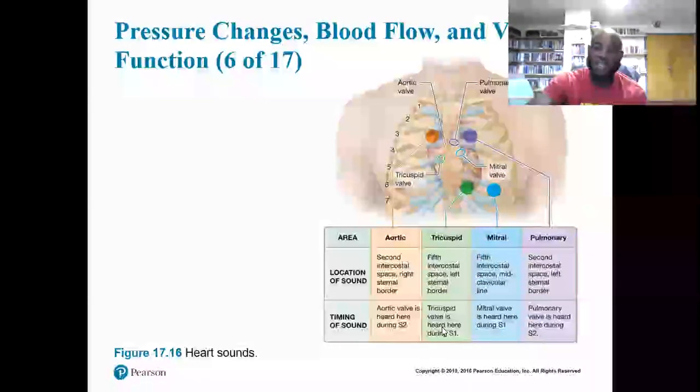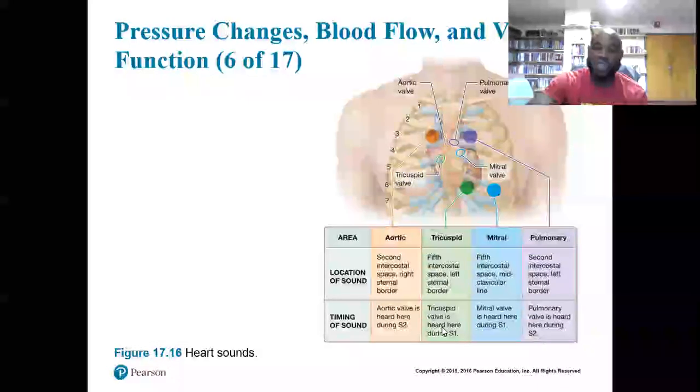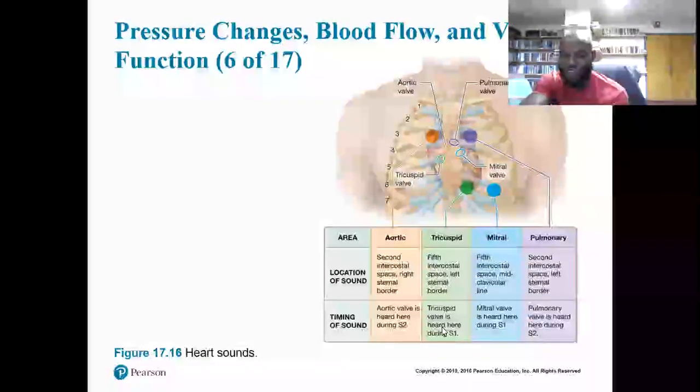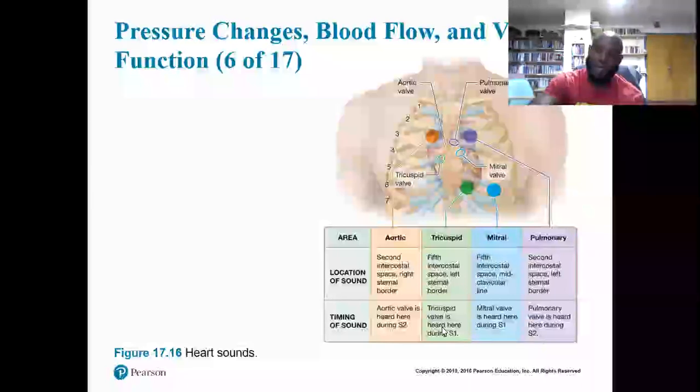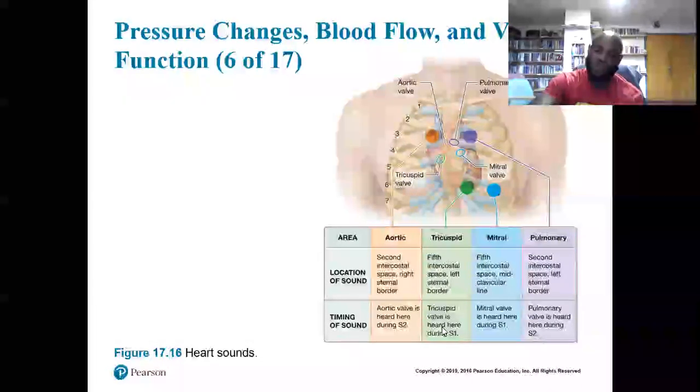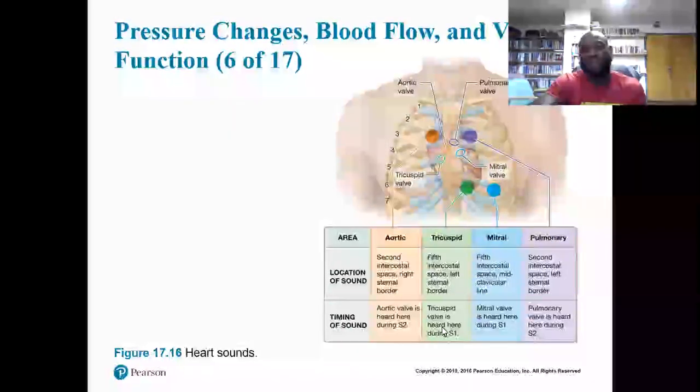All right, the aortic valve, the tricuspid valve, going from your right atria to right ventricle, the mitral valve, left atria to left ventricle, the pulmonary valve, from the right ventricle to the lungs, and the aortic valve from the left ventricle to the systemic circuit, to the aorta.